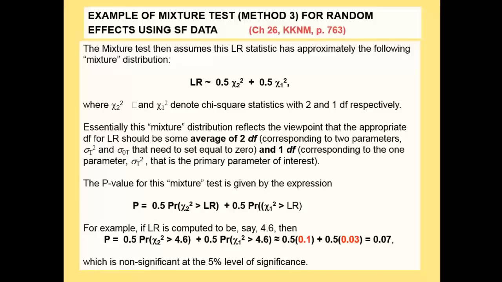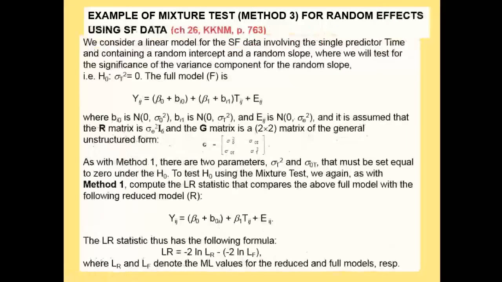It says P stands for p-value, 0.5 times the probability of a chi-square with 2 degrees of freedom greater than LR. What's LR? LR is the thing you computed here. That's the likelihood ratio you computed by comparing these two models.